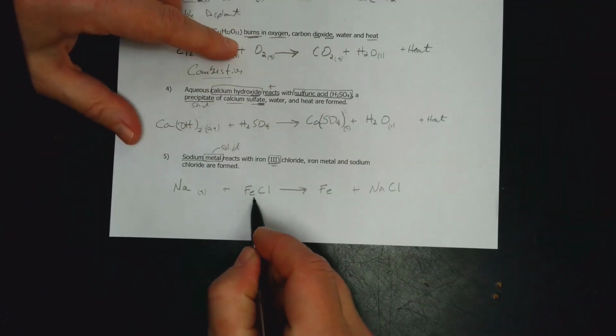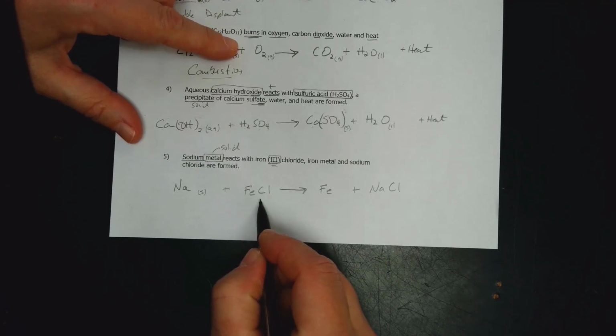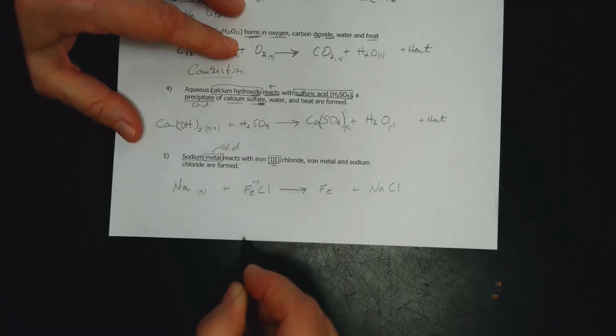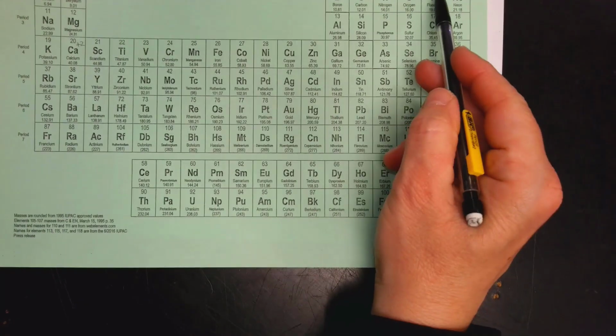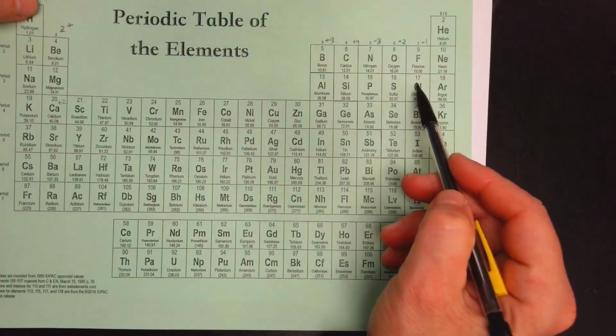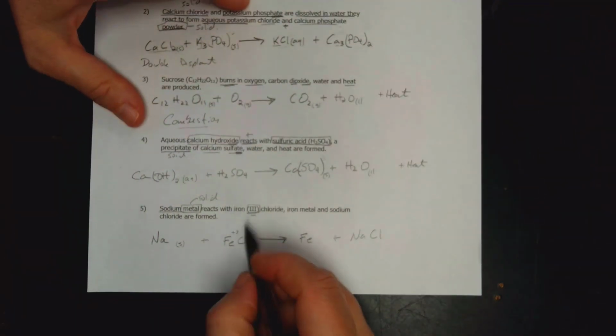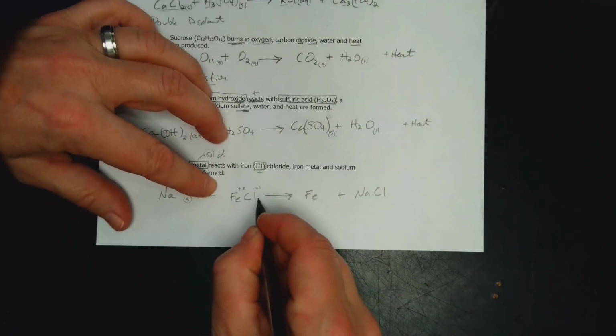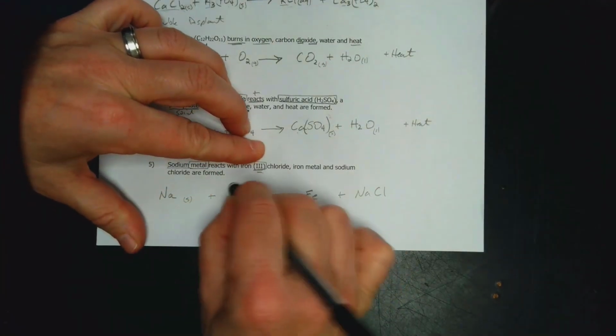That becomes significant because what we know is that this is an ionic compound right here, which means this compound needs to be chemically neutral. Iron 3 has a charge of 3+ or +3. Chlorine, because it's a halogen, is over here in this column where everything is a -1. So if I want this compound to be electrically neutral, it means I have to have 3 chlorines.